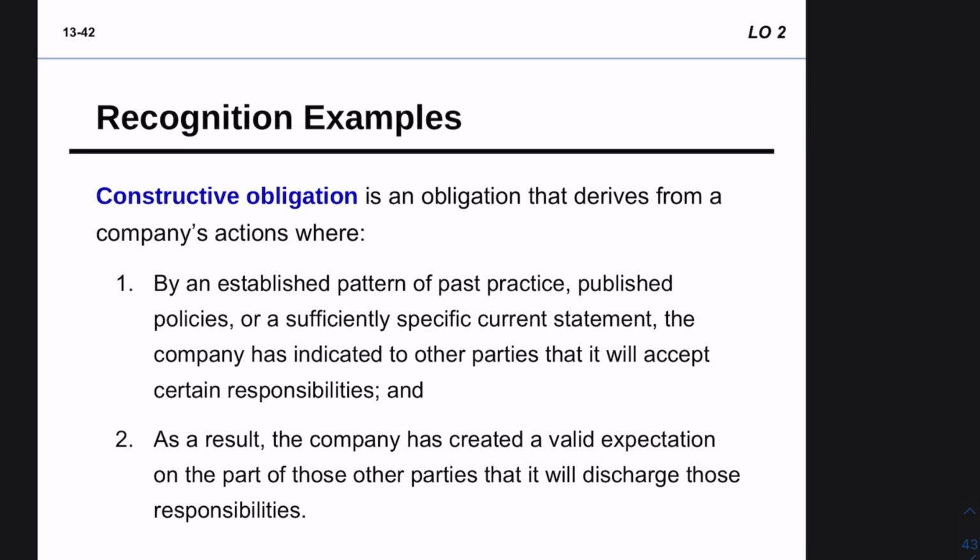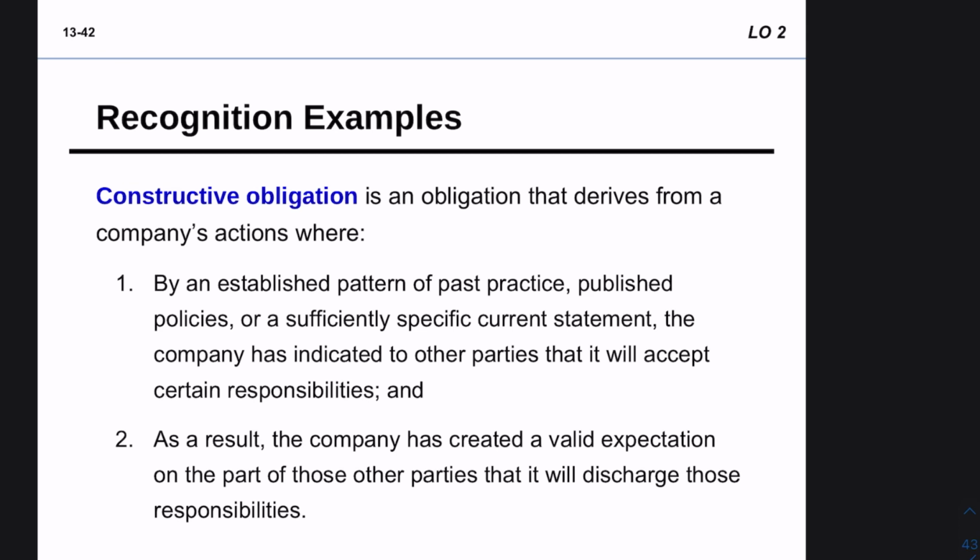Okay. And then here we have constructive obligation. What does that mean? Sometimes a company doesn't have an explicit warranty or guarantee that if something happens to the product, we will do this or that. But based on their past experience, if something happened, the company has taken action.